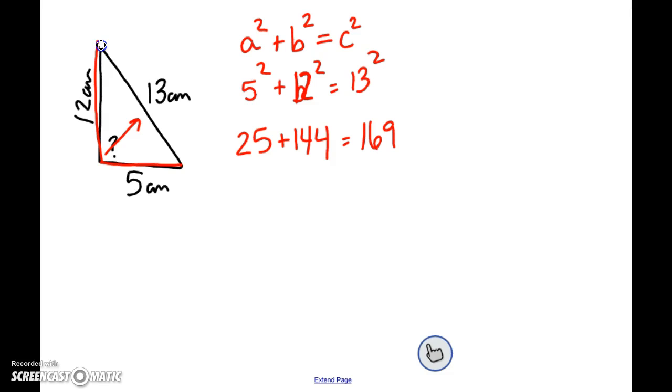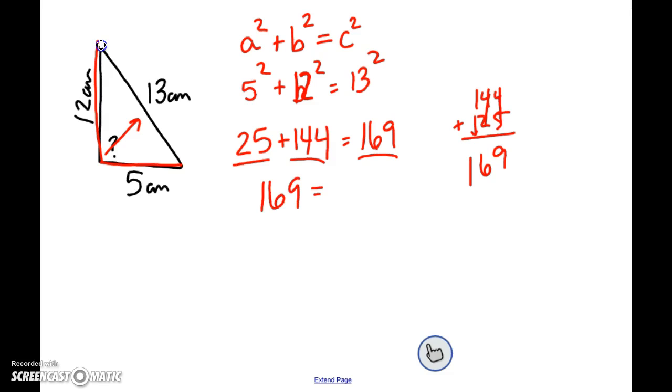Okay, so the question is, does 25 plus 144 equal 169? So if I go over here, 144 plus 25, I get 9, 6, bring down my 169. So it is true. 169 is equal to 169. Is this triangle a right triangle?